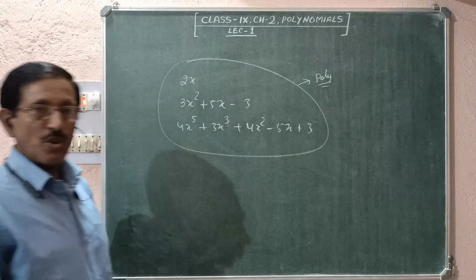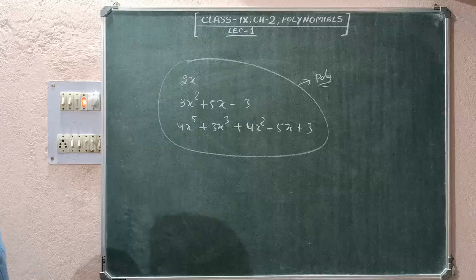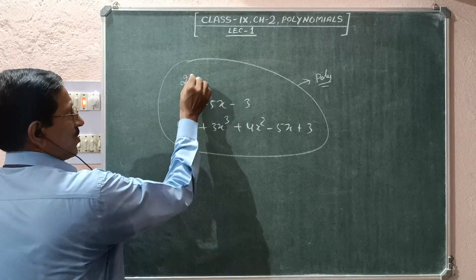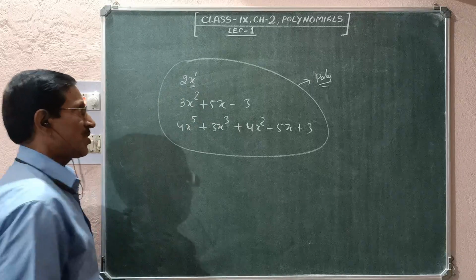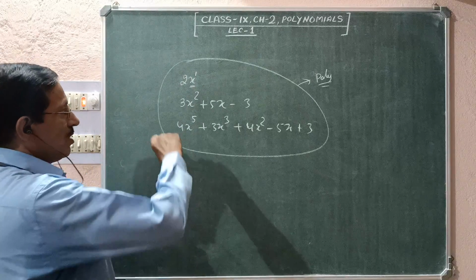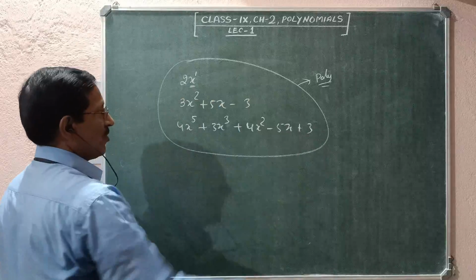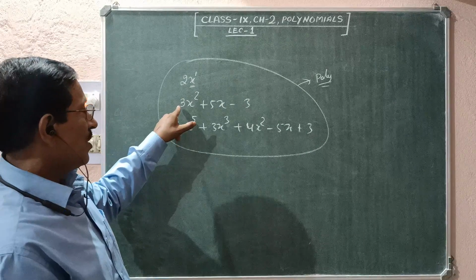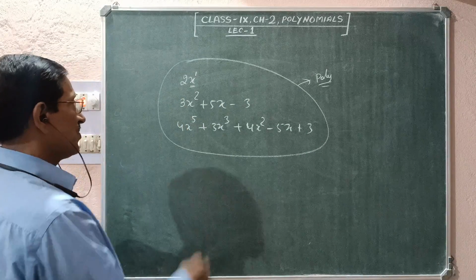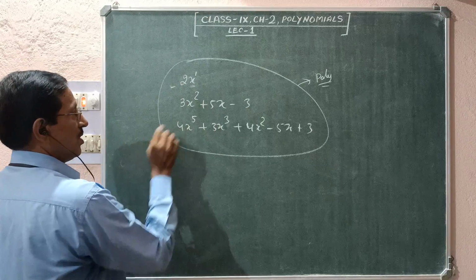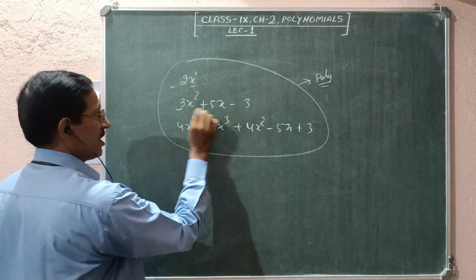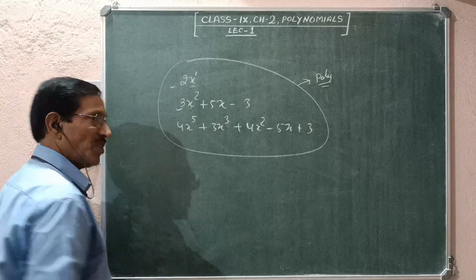For being polynomials, we are observing here the exponent of the variable x. In all these polynomials, there is only one variable, and which is x. In this polynomial there is only one variable x. In this also x.